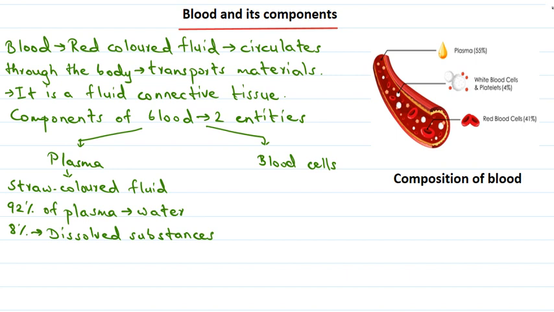Okay, so plasma actually acts like a medium for the blood cells to travel. The blood cells basically travel through this medium called plasma.